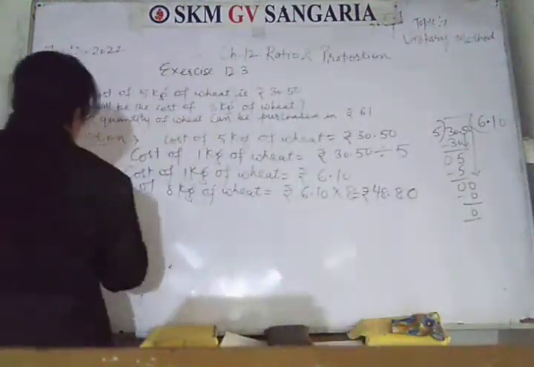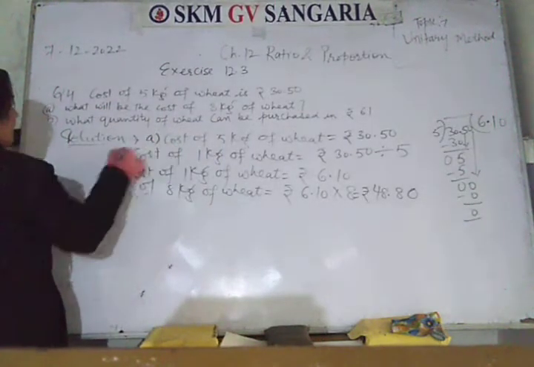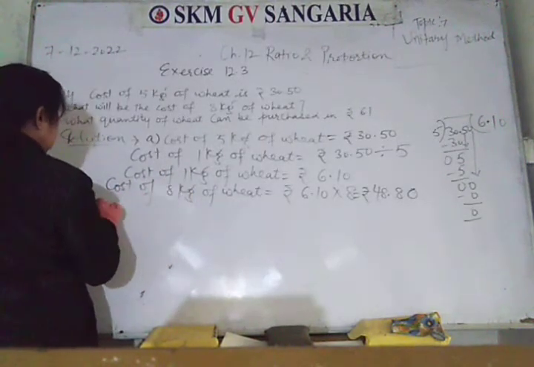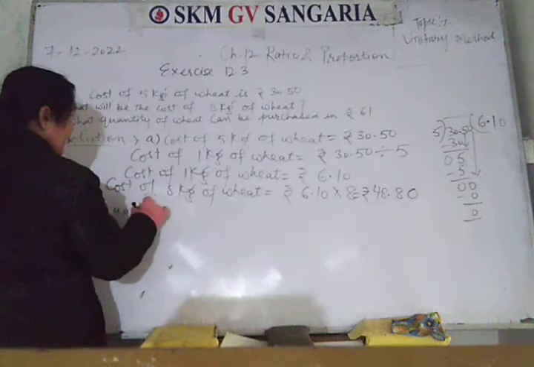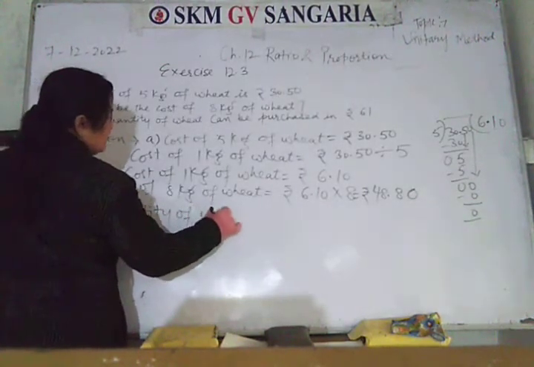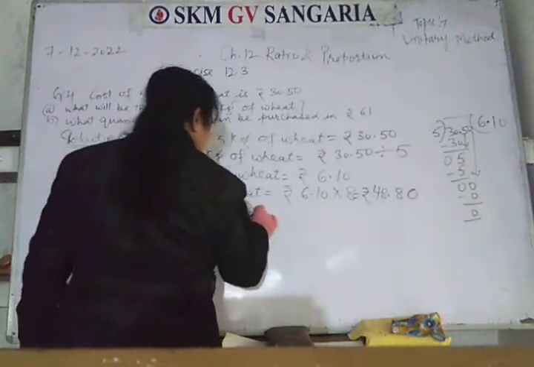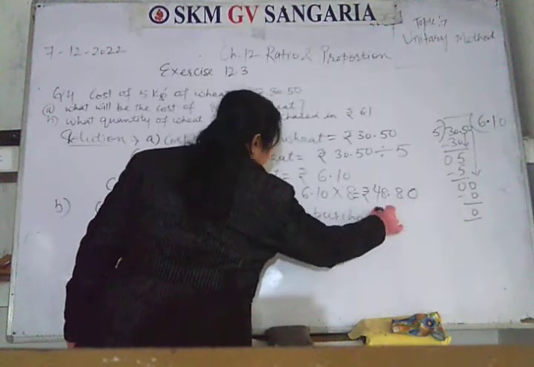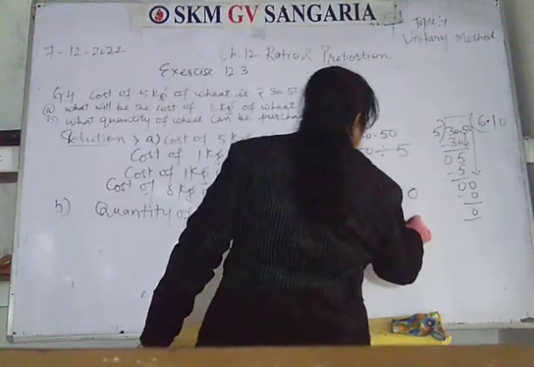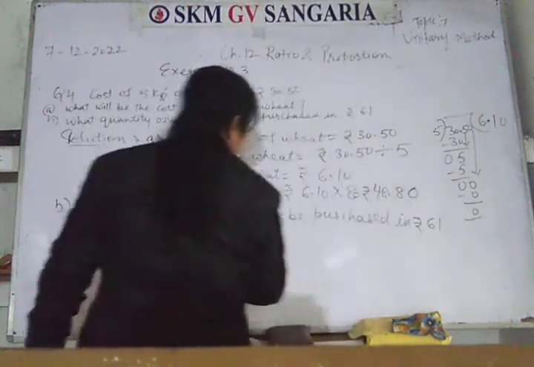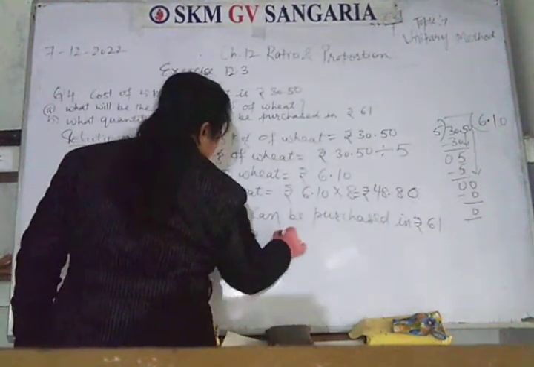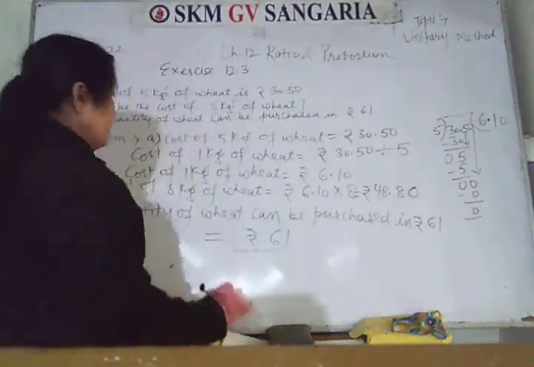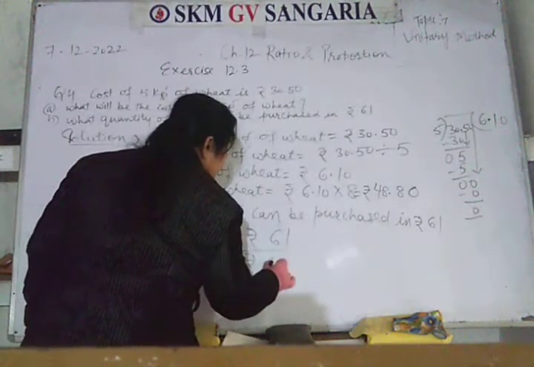So this is part A and this is part B. Here the quantity of wheat that can be purchased in rupees 61 is equal to rupees 61 divided by the cost per kilogram, that is rupees 6 paise 10.